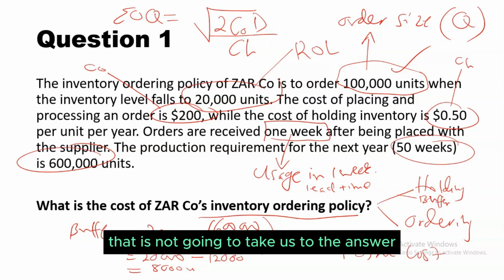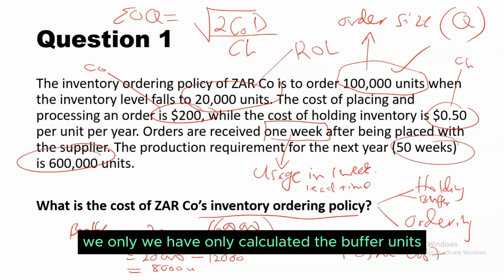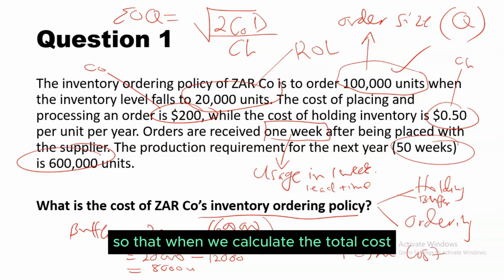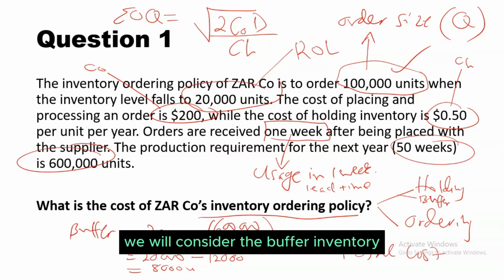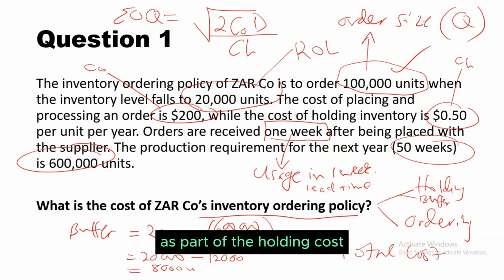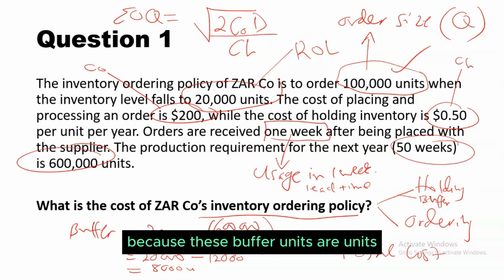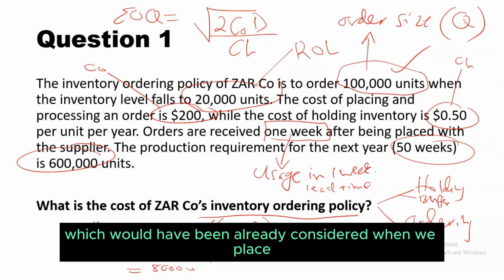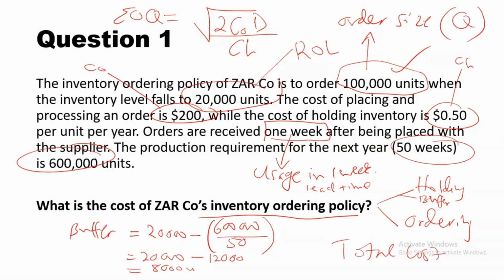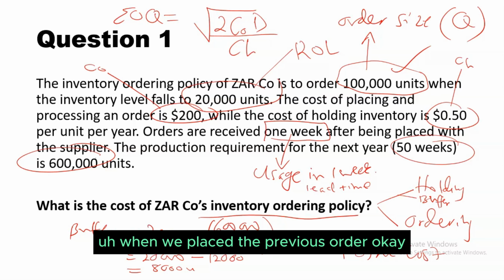Now, that background knowledge is important, but it is not going to take us to the answer. We have only calculated the buffer units so that when we calculate the total cost, we will consider the buffer inventory as part of the holding cost, because these buffer units would have already been considered when we placed the previous order.